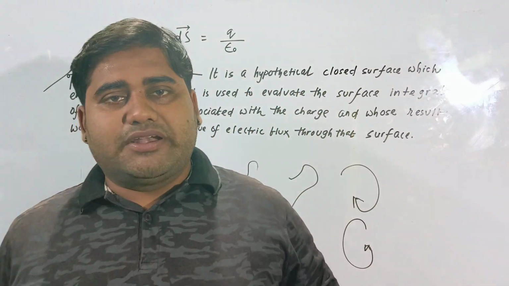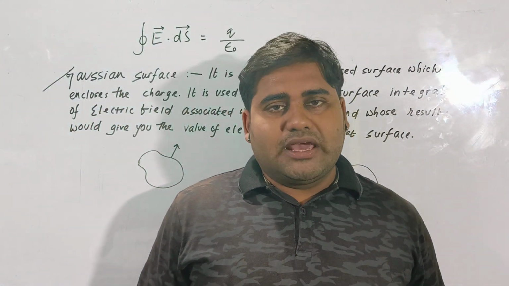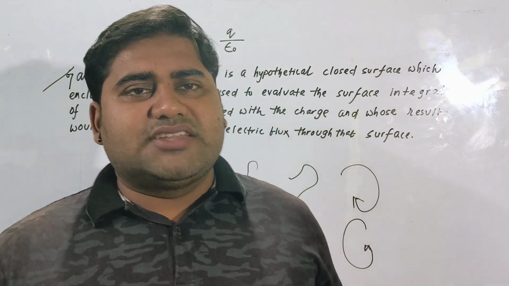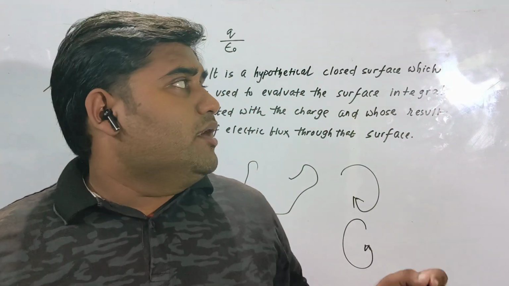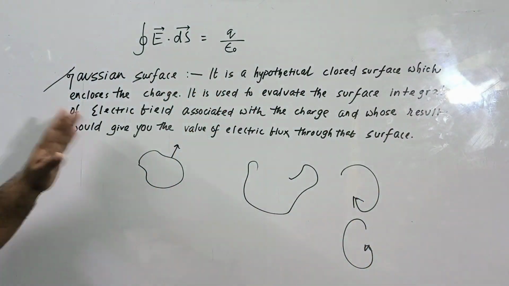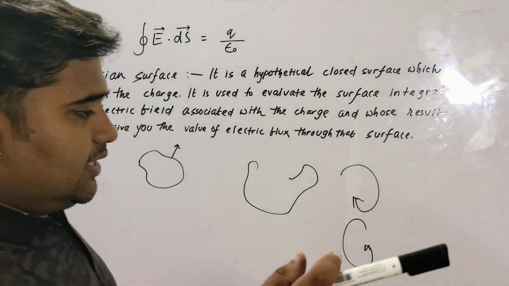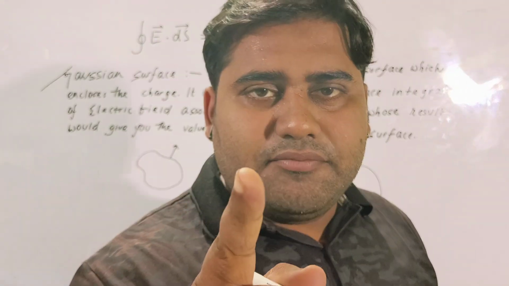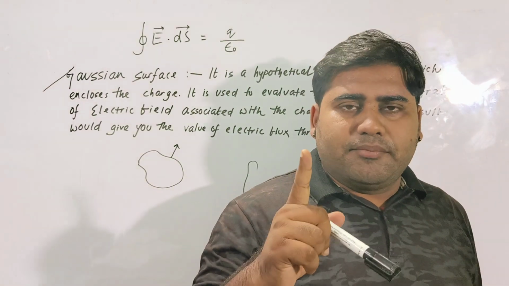We can calculate it, but it will consume a lot of our time. By the use of Gauss's theorem, we can calculate the electric field in a very easy manner.